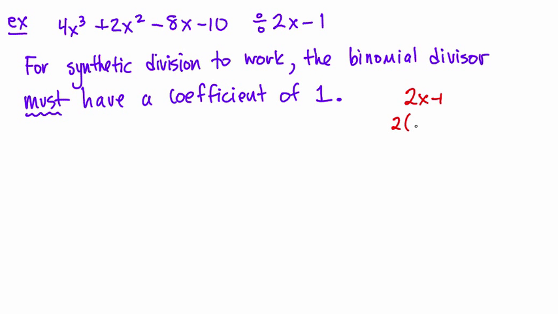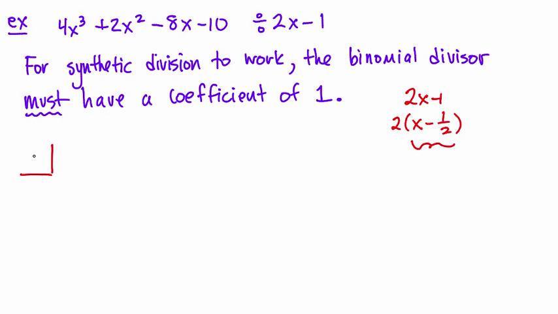But if I do a little bit of factoring, I do actually end up with a coefficient of 1 for the factored part. And whenever you take something and you divide, you can divide by both bits, which means I can divide this by 2 and I can divide it by x minus 1/2. So if you split it up this way, then you get this kind of a question.